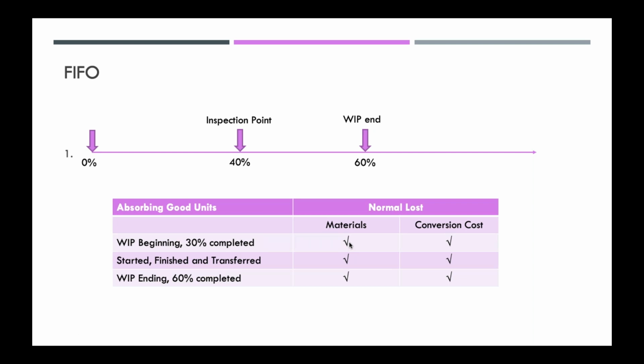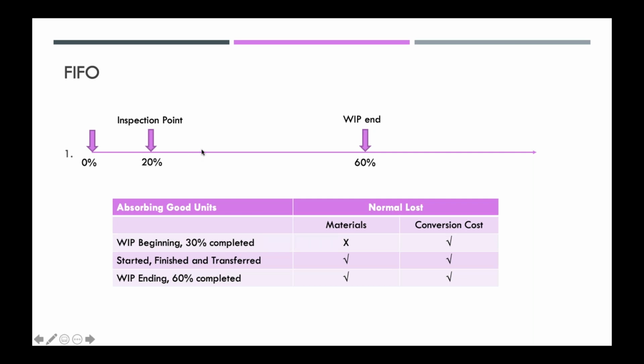Okay? Let me just clarify this one, ha? Sa previous example natin, 30% completed na siya, although lumampas, but this one lumampas last month pa. Okay, last month pa ito. We are accounting for this month. So therefore, more than 20% completed na yan, dumaan siya sa inspection point, kaya this month, hindi na siya dadaan dito.